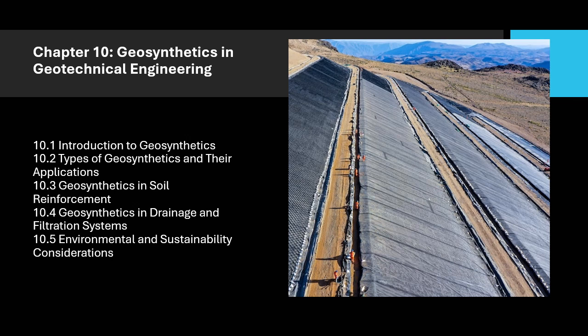Geosynthetics are made from synthetic polymers, primarily petroleum-based, which presents a number of environmental challenges that need to be addressed in their life cycle. 10.5.1 Environmental impacts of geosynthetics. 1. Production and manufacturing. Geosynthetics are typically made from petroleum-based polymers such as polypropylene, polyethylene, and polyester.